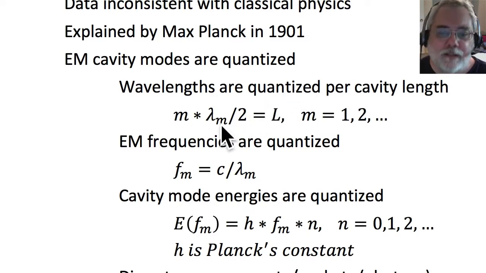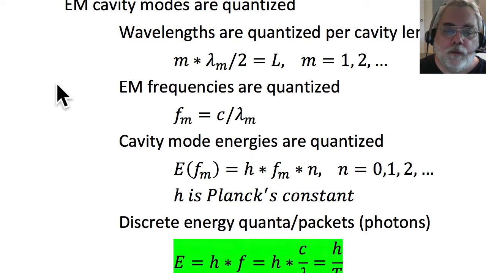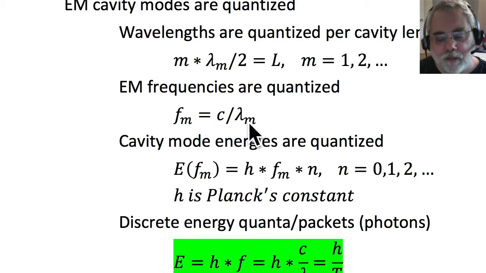It's just very finely quantized, because the wavelength of light is so much smaller than the cavity. Now, with the wavelengths being quantized, the electromagnetic frequencies are quantized. Frequency is the speed of light over the wavelength.